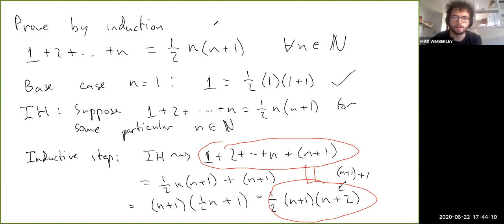It's a very common technique, and it follows the same pattern pretty much every time. I taught Math 55 before, and that's a class where we introduced the concept of induction to a lot of people for the first time.